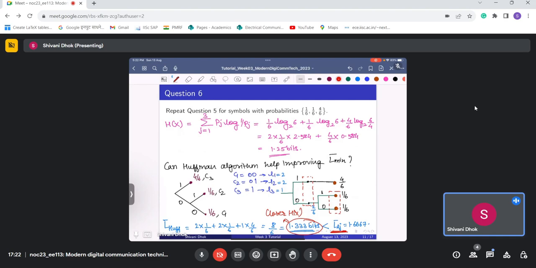That is also okay, which was shown in the lecture. So the Huffman algorithm is helping us in reducing the average number of bits and taking us closer to the entropy value. Any questions?